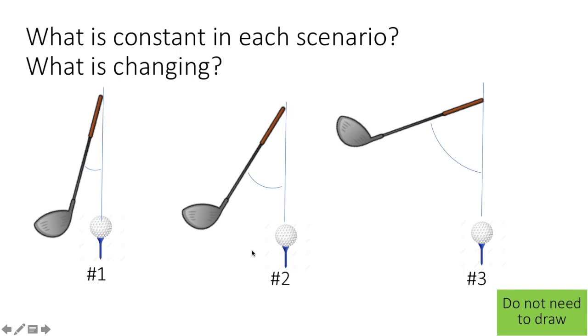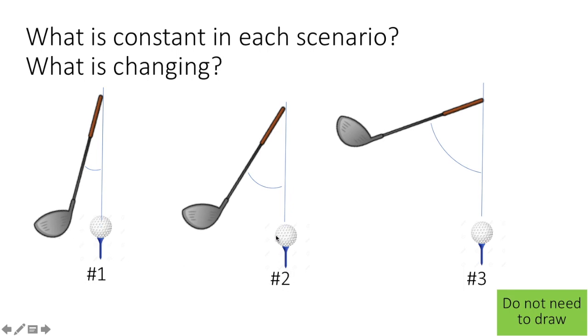Now, you don't need to draw this, but take a look at these three scenarios. Here we have a golf ball on a tee, and we have a golf club. And notice that in scenario 1, the golf club is pulled back at a certain angle and released to hit the golf ball.